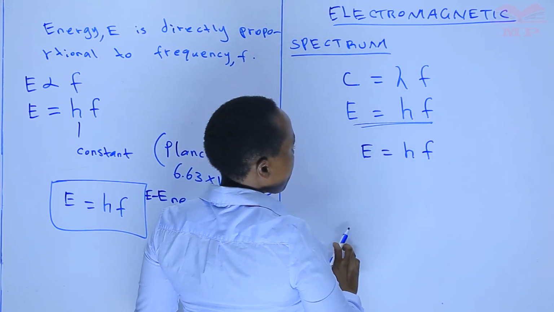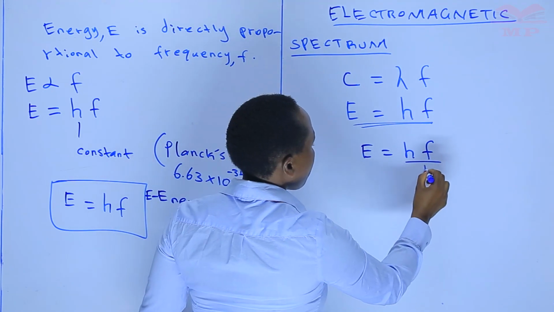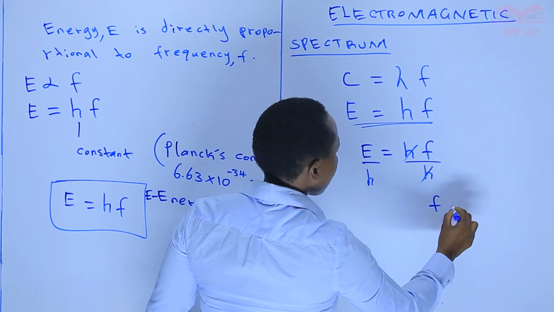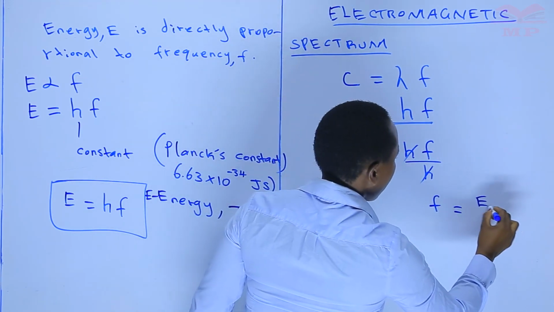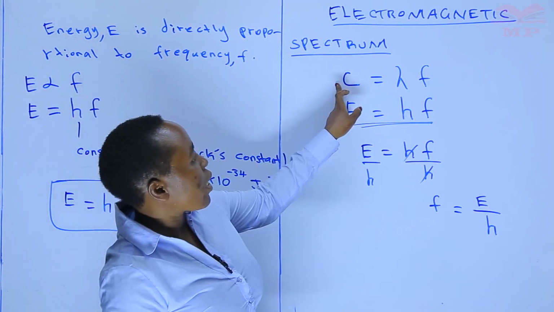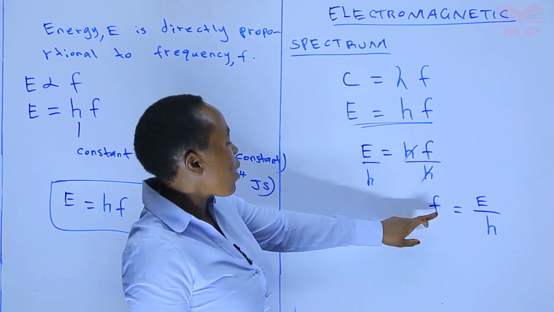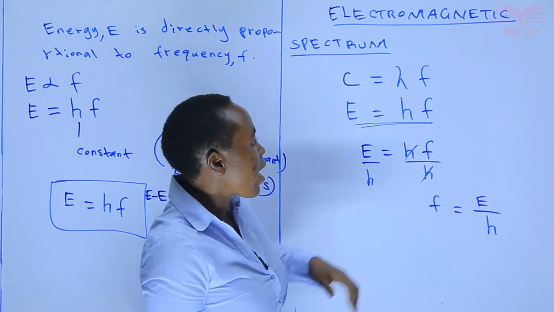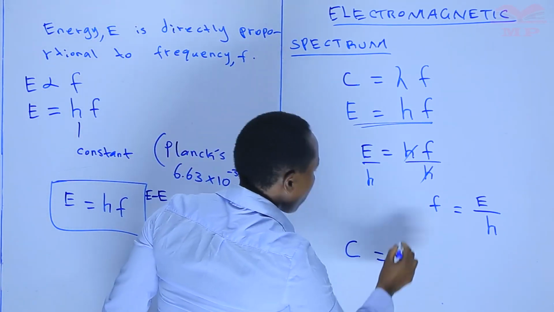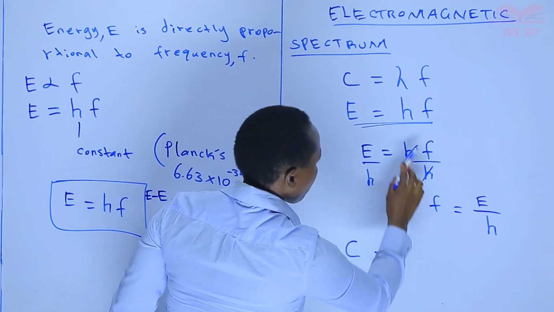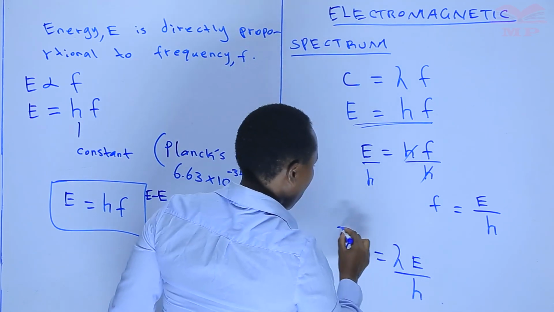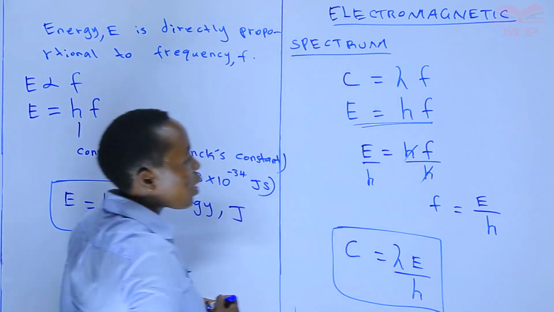If we make f the subject, meaning we divide both sides by h, we end up getting that frequency is equal to E over h. Therefore, we can substitute f with E over h, meaning that the speed of light will be equal to the wavelength multiplied by E all over Planck's constant. That's another formula.